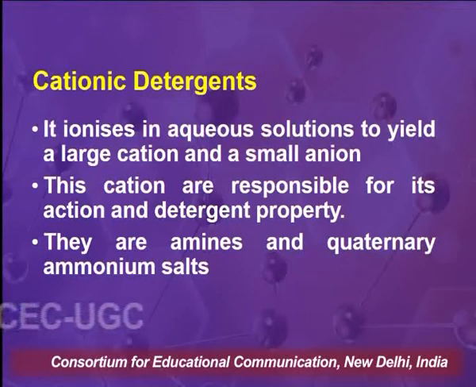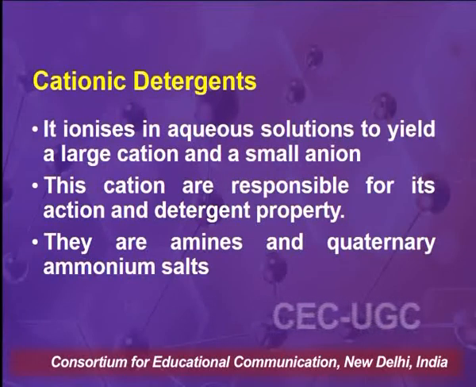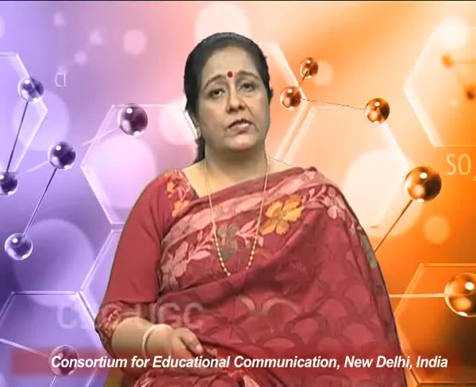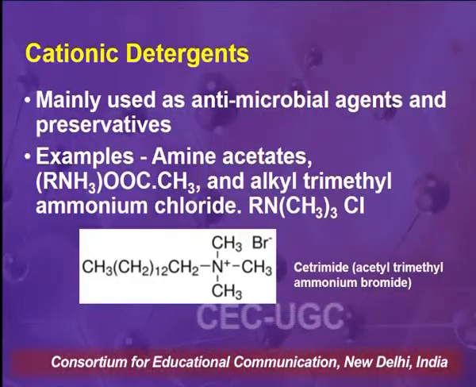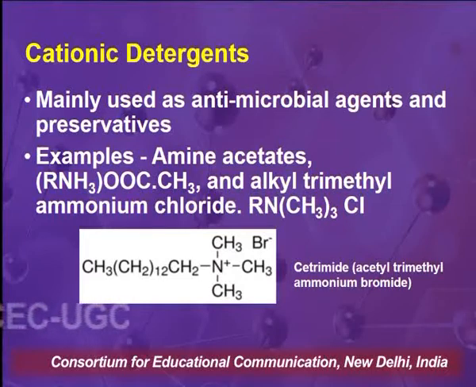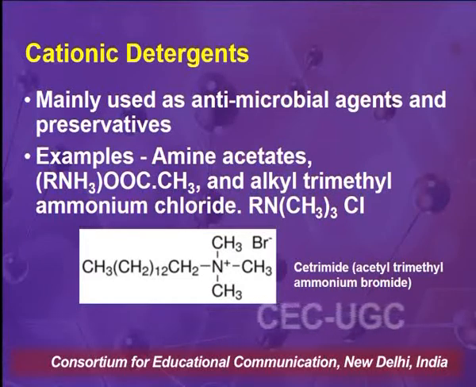This cation is responsible for their action and detergent property. They are amines and quaternary ammonium salts, mainly used as antimicrobial agents and preservatives. For example, amine acetates and alkyl trimethyl ammonium chloride. These are the examples of cationic detergents.